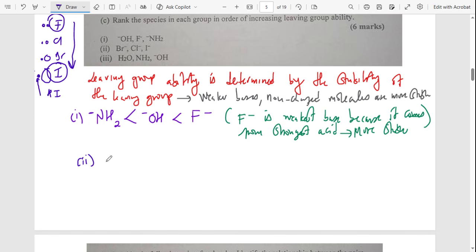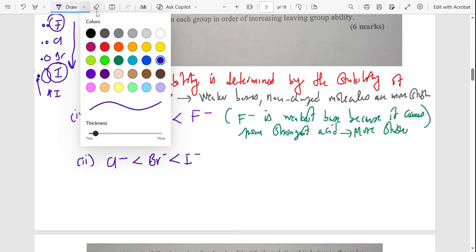Okay, so I minus is the weakest base, so it's the best leaving group, followed by Br, followed by, oh sorry, followed by the chlorine. So chlorine is going to be the worst. Okay, so Cl minus, and then Br minus, and then I minus.